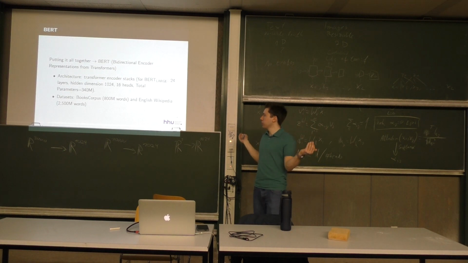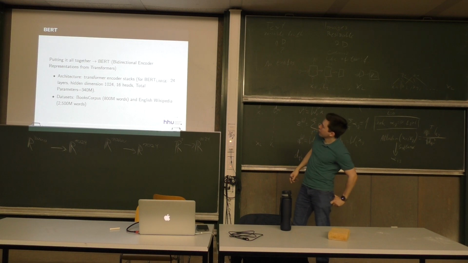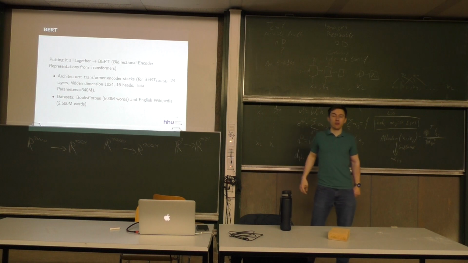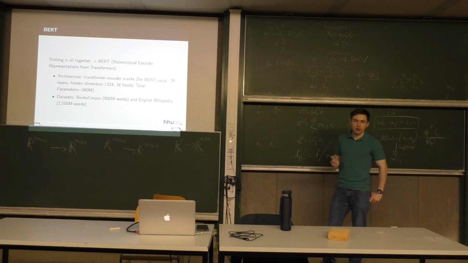Okay, then if we put this all together, we get BERT, which stands for bidirectional encoder representations from transformers. Again, like all the popular machine learning methods, they smash words together until they have some nice acronym. But the important part here is bidirectional.